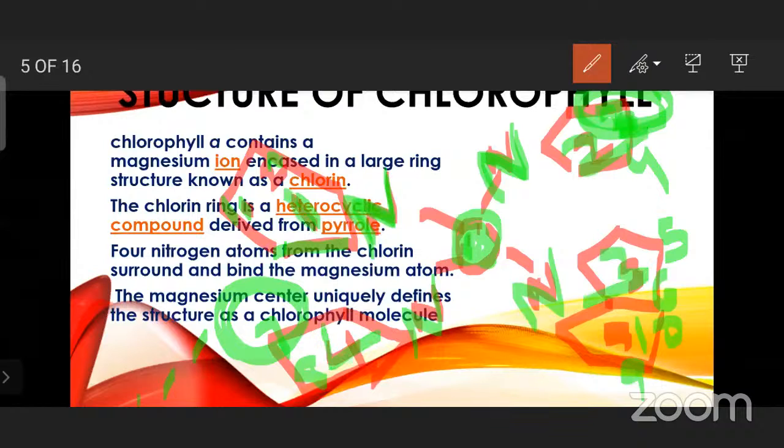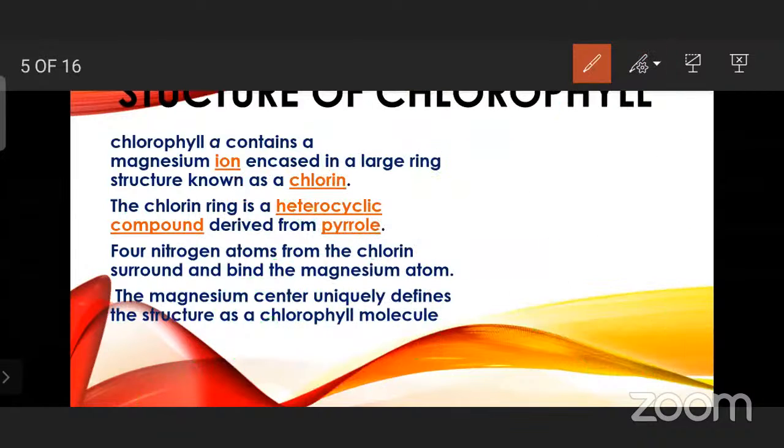These are main, and one more pyrrole is also there, the fifth one. But here the methyl group is very important to remember for chlorophyll A, that is at the third carbon position. At the seventh carbon position you will have 20 carbons in the form of a chain, giving the appearance of a tail for the chlorophyll pigment molecule, and it is called the phytol side chain or simply phytol tail.